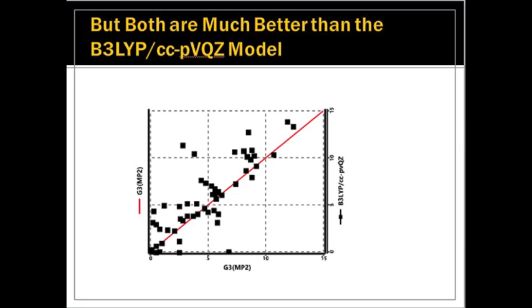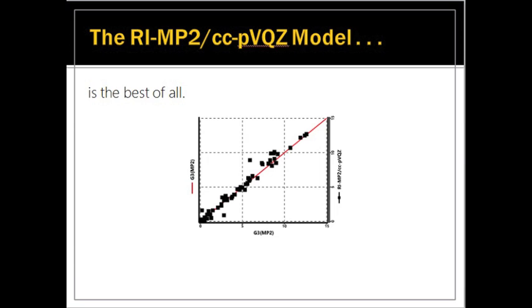So this, again, is a set of data where I'm looking at differences between high and low energy conformers restricted to a pretty small range, 15. And you can see that here B3LYP is doing fairly poorly. It turns out that RIMP2 is actually very good. It's actually the best of the batch.